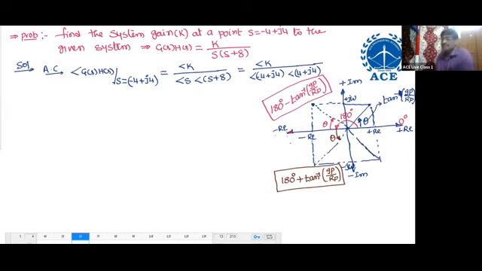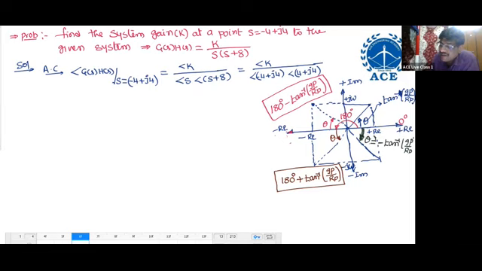What is the angle? This angle is simply minus theta, so theta equals minus tan inverse of imaginary part by real part.